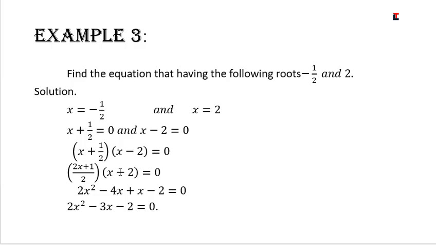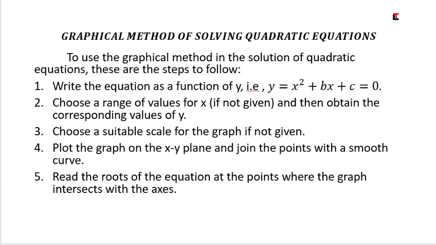Then 2x times x, I will have 2x squared. 2x times minus 2, I will have minus 4x. 1 times x, I will have x. And 1 times minus 2, I will have minus 2 equals 0. So from here, we have 2x squared minus 4x plus x will give minus 3x. Then minus 2 equals 0. So this is the equation that these roots will give.